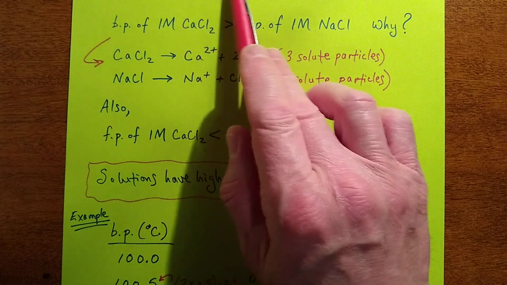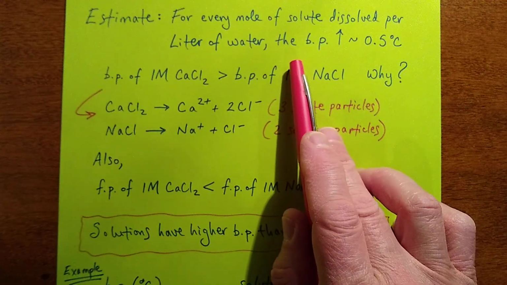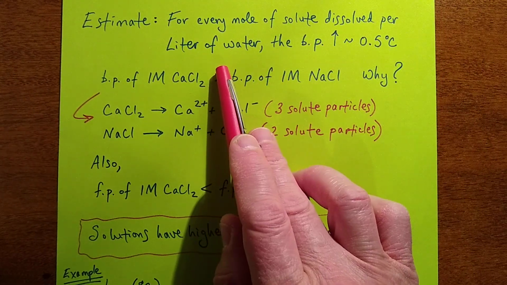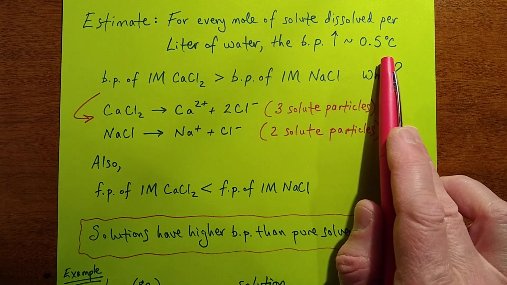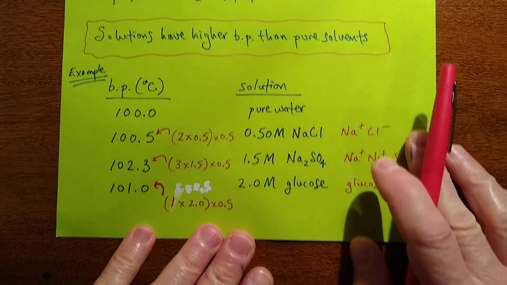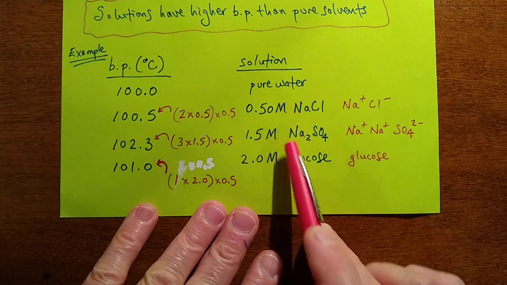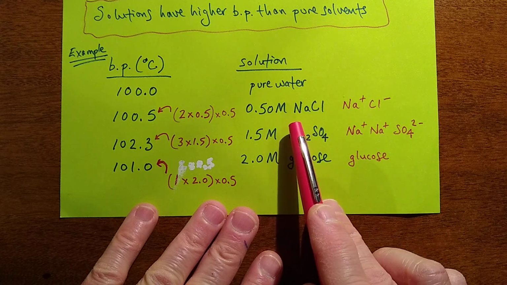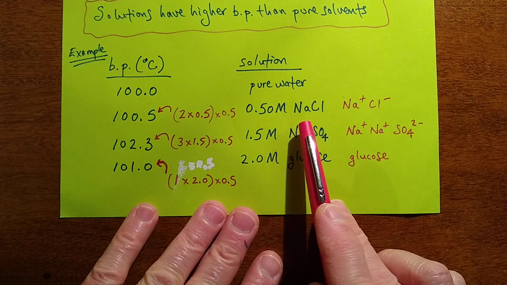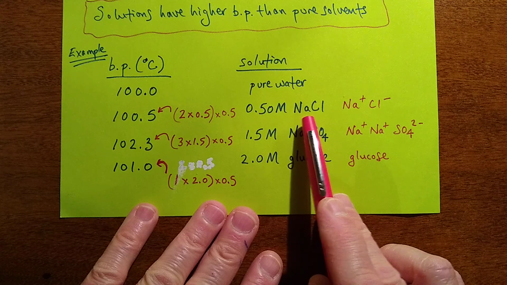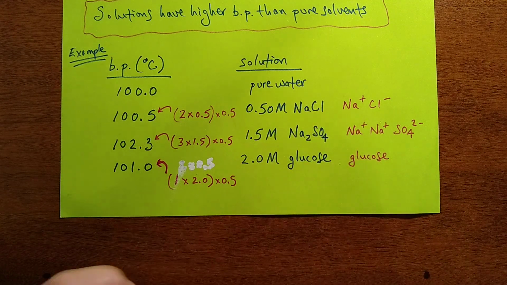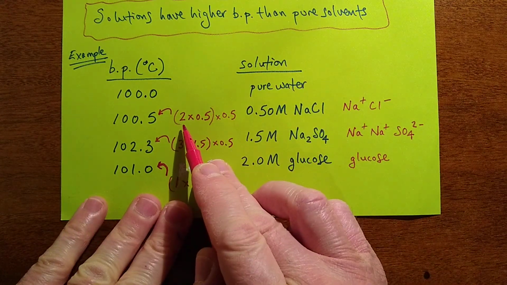If you know that for every mole of solute that dissolves in a liter of water, the boiling point goes up by half a degree, you should be able to estimate the boiling points of these solutions if you just think about it from a numbers perspective. If you have sodium chloride, it breaks apart into 2 particles. That's what this number means.